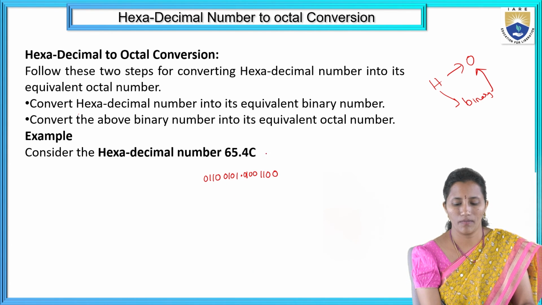Okay. So just in the first step we converted the hexadecimal into its binary equivalent. Each digit is represented by 4 digits.